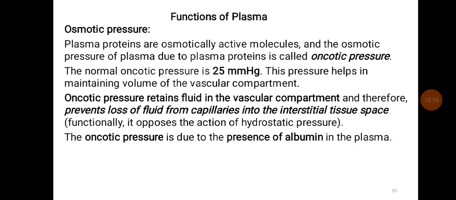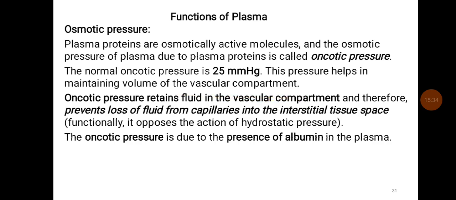So here are some of the functions of plasma proteins. First one is oncotic pressure. The plasma proteins are osmotically active molecules, and the osmotic pressure of plasma due to the plasma proteins is called oncotic pressure. The normal oncotic pressure is 25 mm of Hg. This pressure helps in maintaining the volume of the vascular compartment.